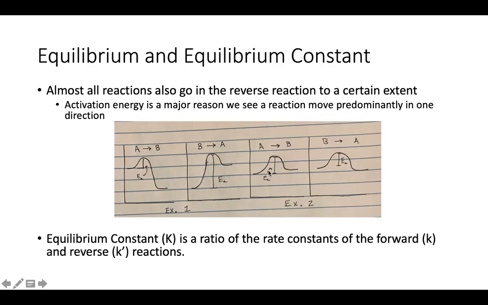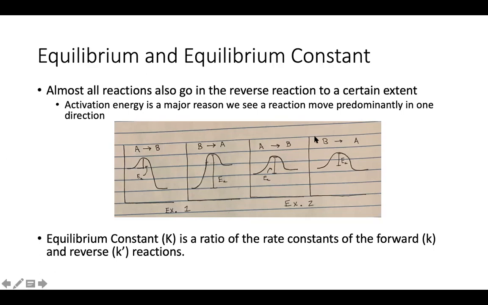It's pretty significant, but I'm sure lots of molecules of A will be able to overcome that to become B. Now let's look at the energy barrier for the reverse reaction, B to A. Well, the energy barrier for B to A is very similar to the energy barrier for the reaction of A to B. And so what example 2 shows is that although one direction might be slightly favored, if the energy barrier is somewhat similar for the forward and reverse reactions, you'll see more of each, right?